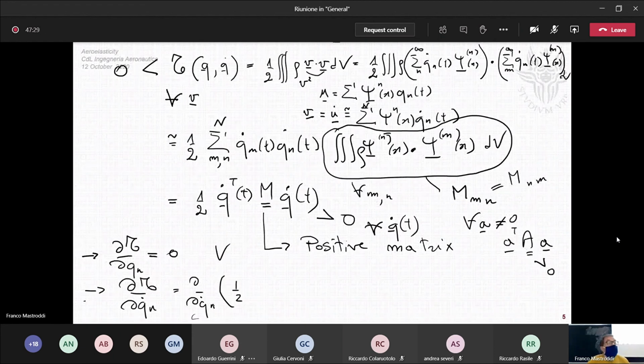In order to take this derivative, I have to use a different notation for the index in the summation. So a double summation over r and s, of Q dot r M_rs Q dot s.